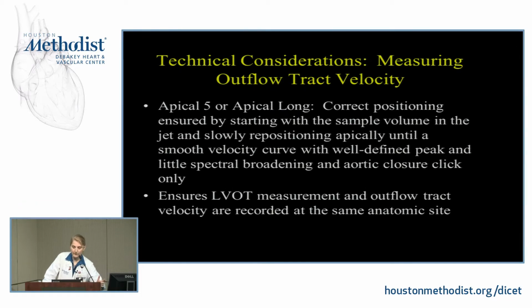Well, you start off in the apical 5 or the apical 3 or the apical long view, and basically you stick your pulse wave sample volume right in there, and you slowly advance it until you have both an opening click and a closure click, and then you back it off so you just have a closure click. So that tells you, once you have that nice smooth contour with just a closure click, that you are at that same location where you measured that left ventricular outflow tract and determined that cross-sectional area.